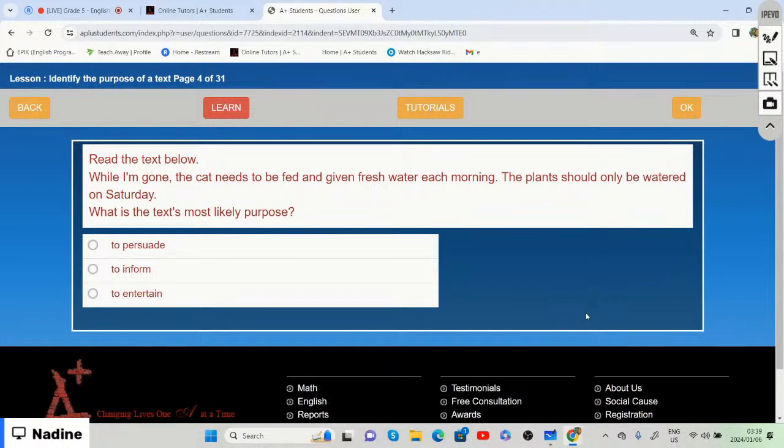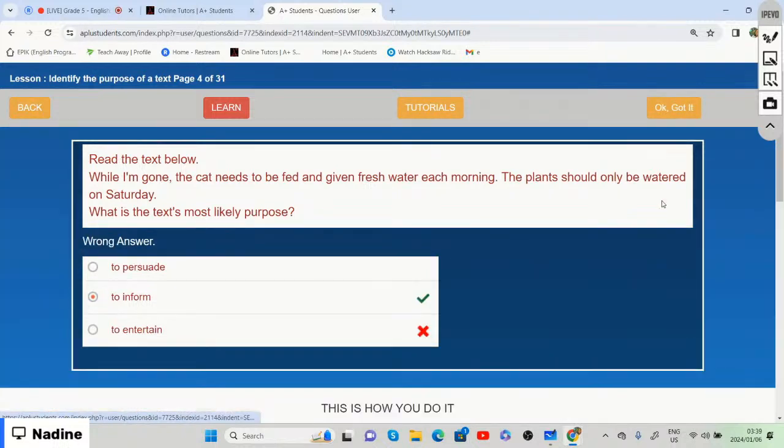All right. So since you are the only one that is responding, I'm going to go with entertain, right? But I still think that they are trying to inform the next person on what to do. You see, they are trying to inform the next person as to what to do.